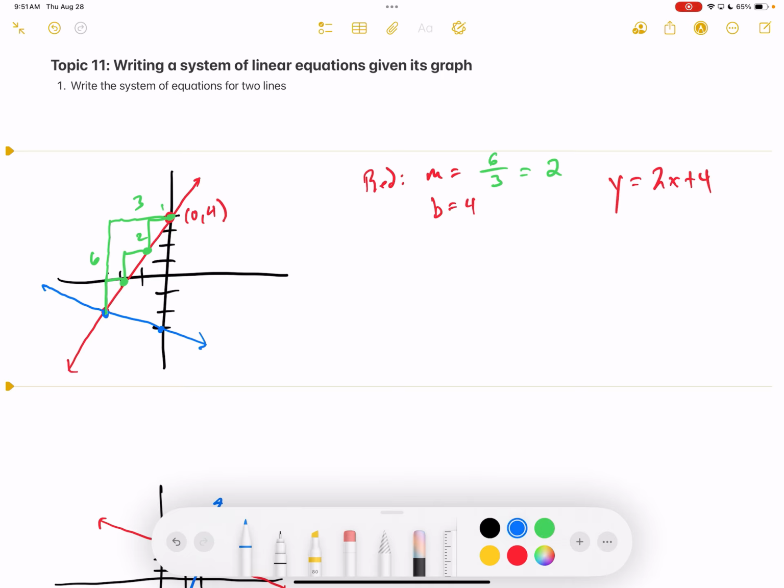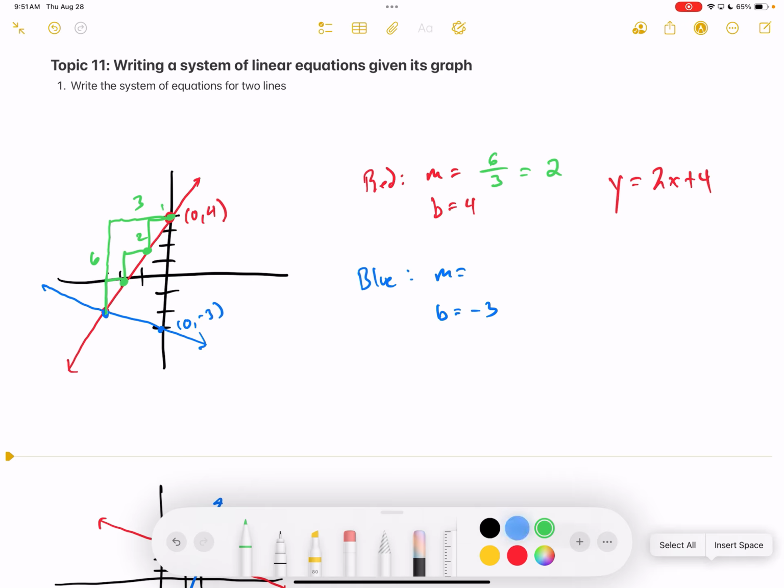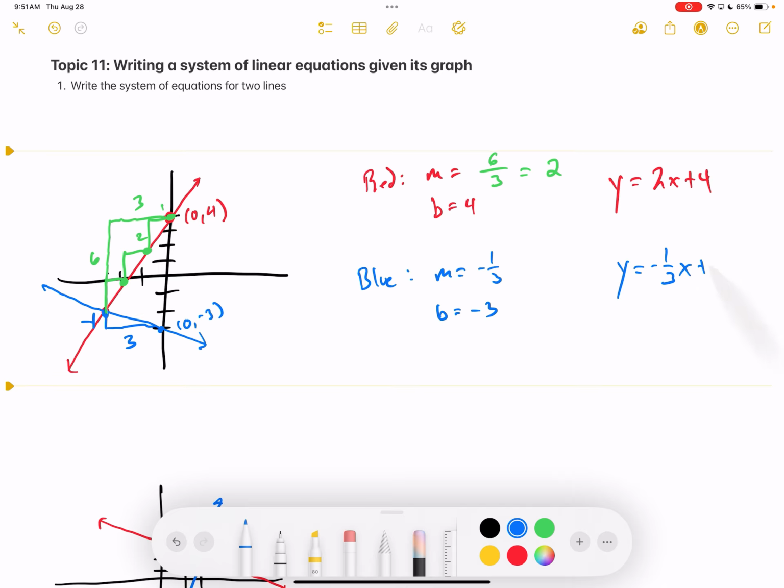And then my blue line, my y-intercept is -3. And my slope here is down 1 to the right 1, 2, 3. So I went down 1, so I do -1 to the right 3. So y equals -1/3 x minus 3, because -3.